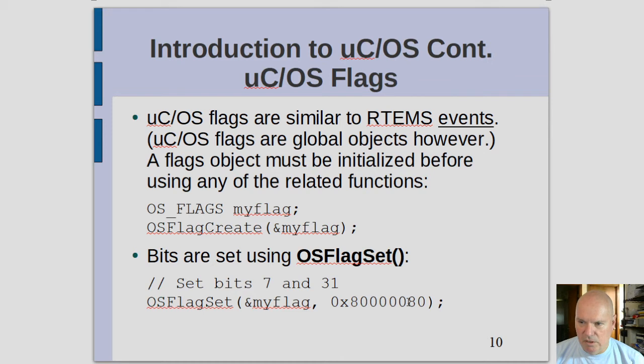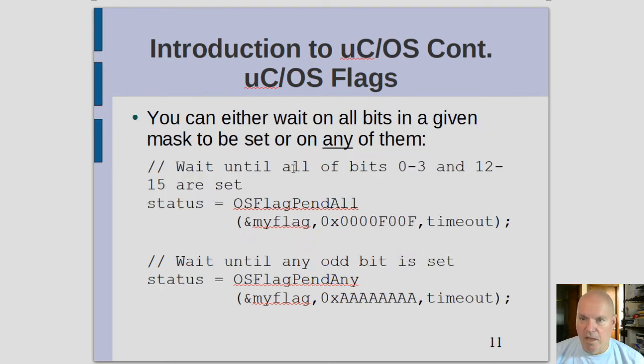This is going to set the high bit and the lowest byte, and the high bit of the most significant byte of the 32-bit flag data structure. And then you have two routines, just like we had with RTEMS, to wait on flag bits to be set.